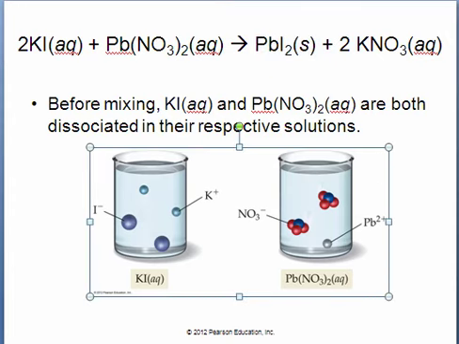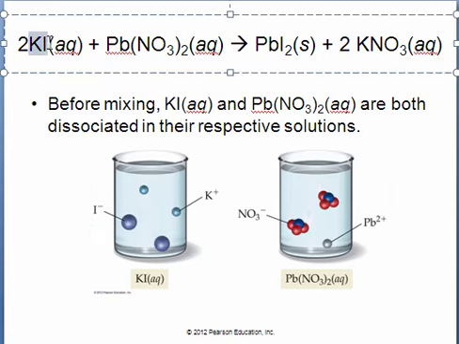So to be able to identify if a precipitation reaction is occurring, first there have to be two ionic or strong electrolytes, and we'll get into the definition of other strong electrolytes. There have to be two ionic or strong electrolytes that are reacting. These ionic compounds, or the strong electrolytes, switch ions, and at least one of them is going to form an insoluble compound, which is signified with this S for solid.